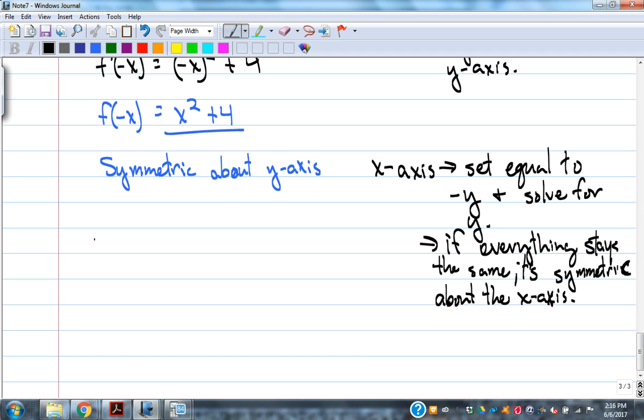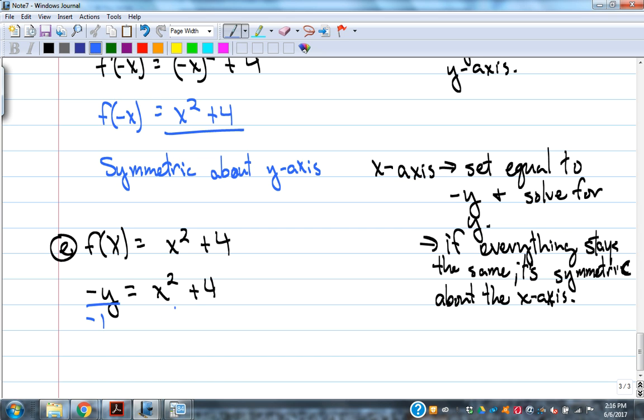Okay, so if we took that same function, f of x, we call this example E, equals x squared plus 4, and I plugged in negative y equal to that, and then I get y by itself. The only thing to do to get y by itself is to divide everybody by negative 1. Negative x squared minus 4.